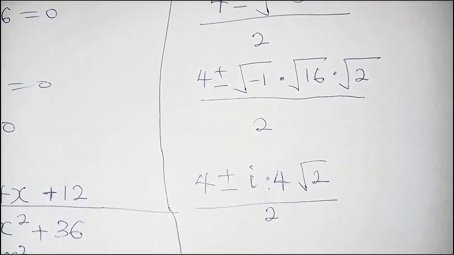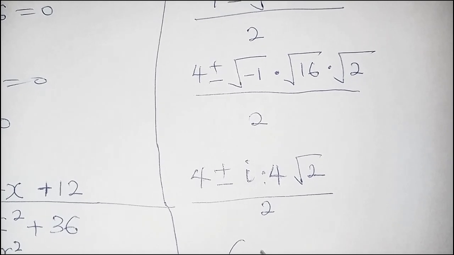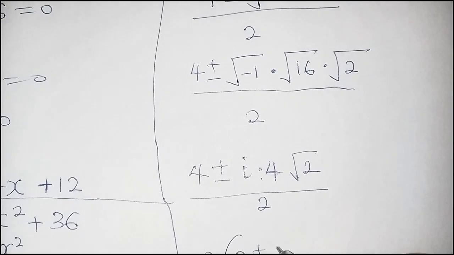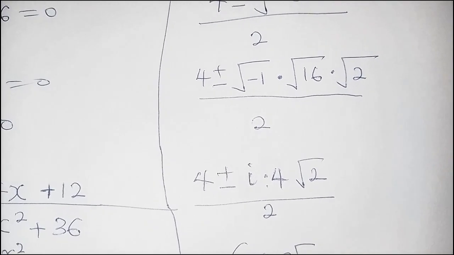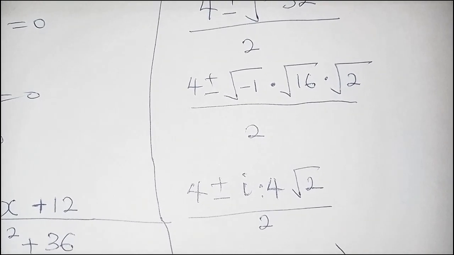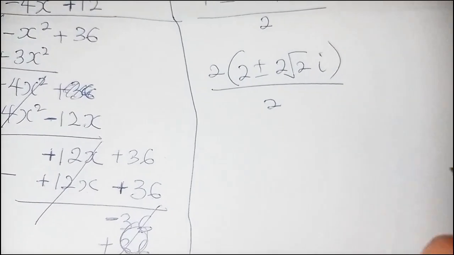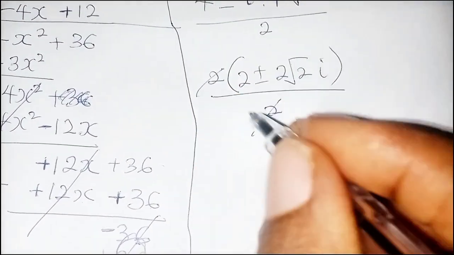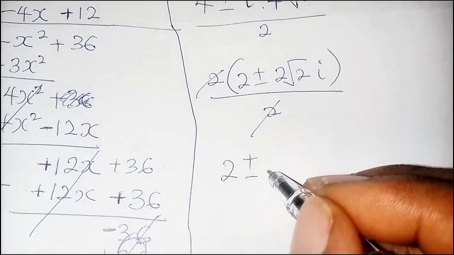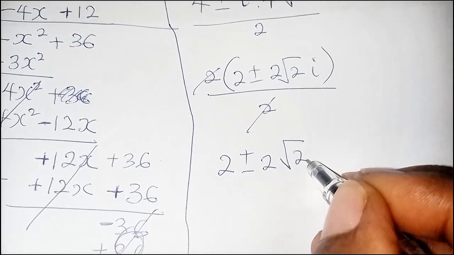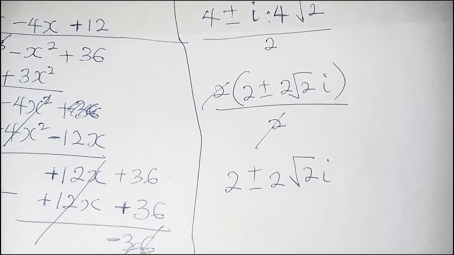We have something common, which is 2. 2 plus or minus 2 root 2i all over 2. This cancels and we have 2 plus or minus 2 root 2i.